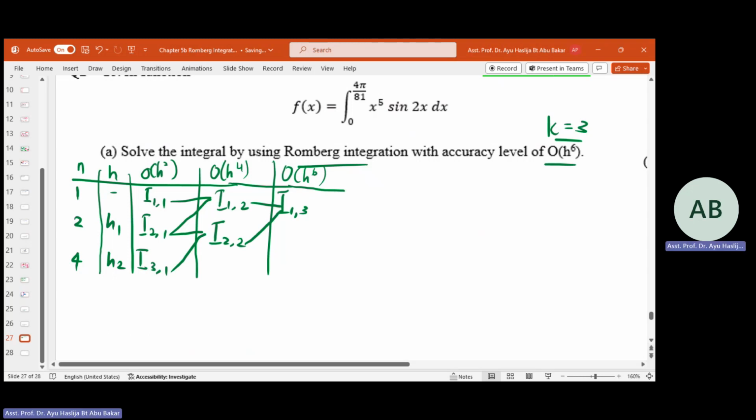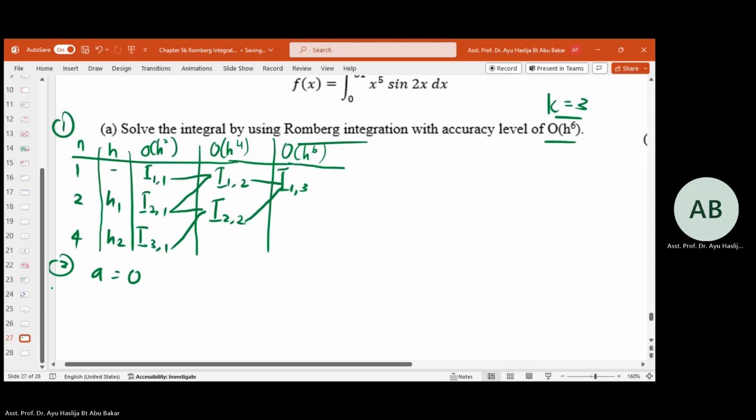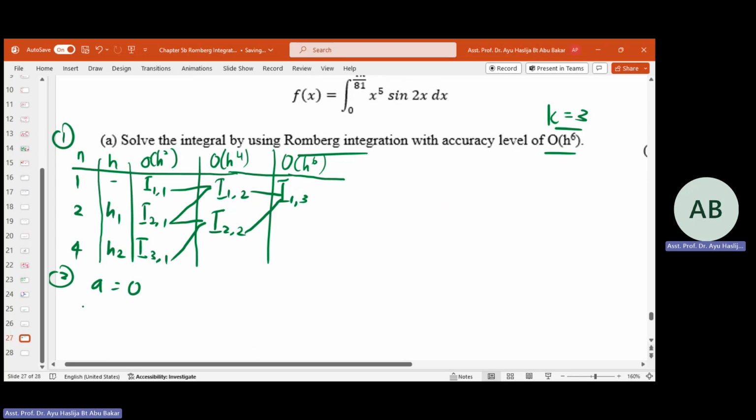Okay, similar step as previous. Identify what is the points. Your A is 0. Okay, we need M1, M2, M3, and also the B. Then find out the FA, the value of the functions.